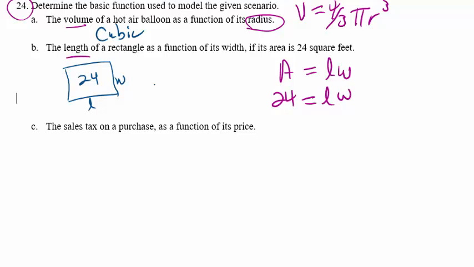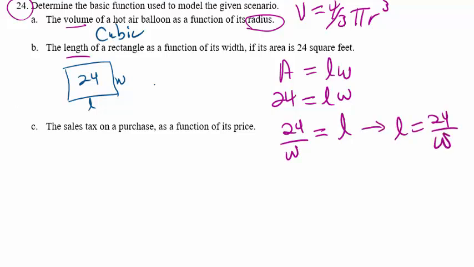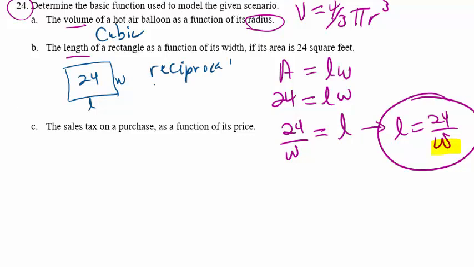We want to write the length as a function of the width, which means solve for L. So we get L equals 24 divided by W. We only have one basic function that looks like this, with a fraction and a variable in the denominator, and that's the reciprocal function. So that is what we're going to say best fits this scenario.